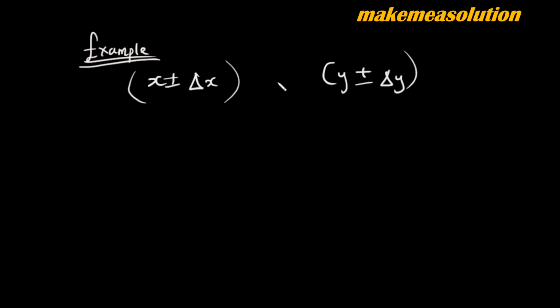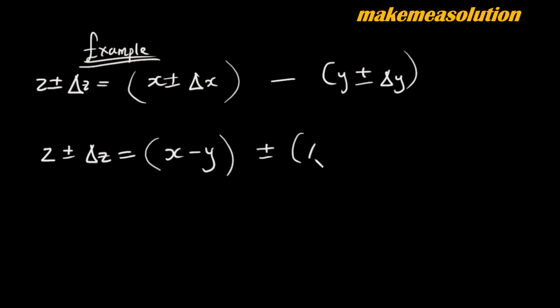And in the last example we were able to establish that when we have two quantities, x plus or minus delta x, and y plus or minus delta y, and we subtract them, funny enough, the result we get for this expression is that z plus or minus delta z will be equal to x minus y, then plus or minus delta x plus delta y.